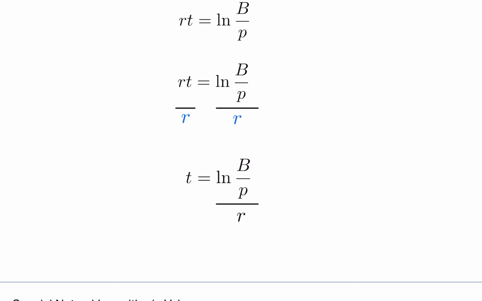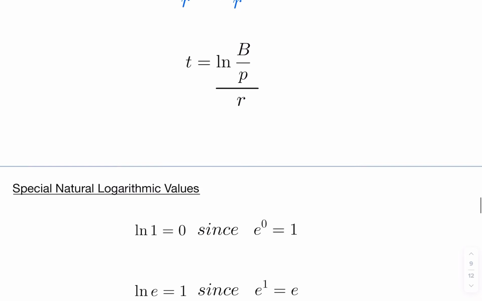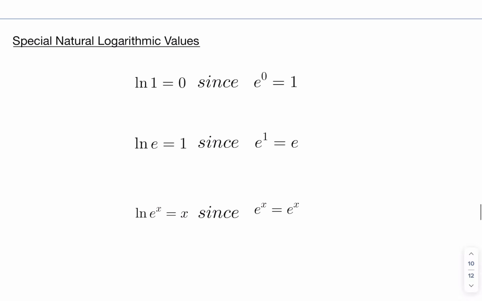Now, there are some equivalencies similar to the logs that we need to be aware of, okay? So here are some special natural log values. The natural log of 1 is equal to 0 because, you think about it, this is a base e, right? So e to the 0 power is going to equal 1. That's similar to the log of 1 is equal to 0.